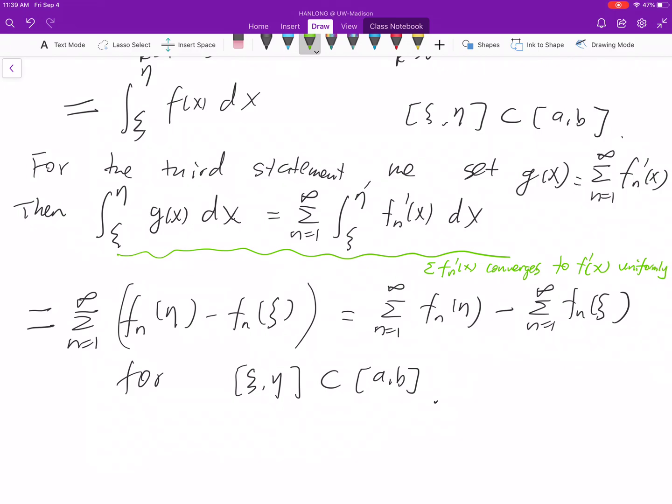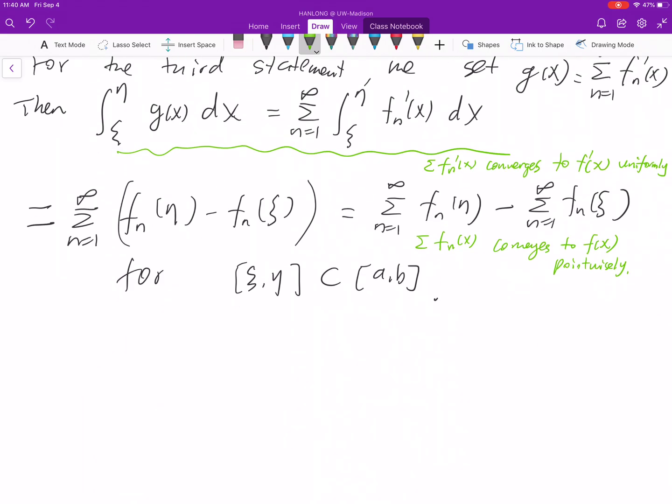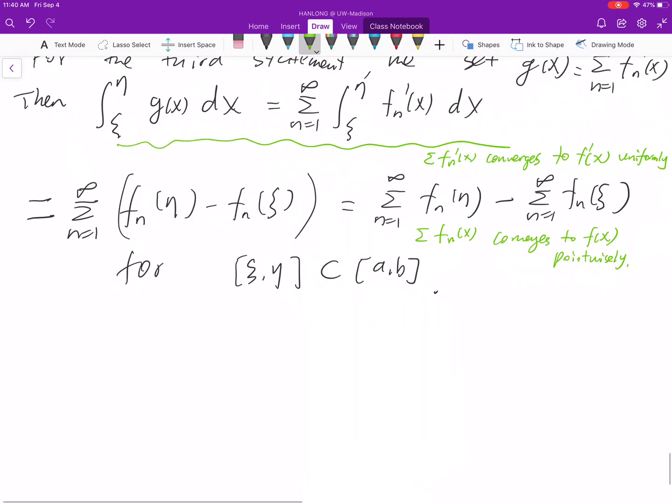Okay, and from this, for the last inequality, we only require that fn(x) converges to f(x) pointwise. We don't need the fact that it's uniformly convergent. So that's why this assumption is a little bit different.